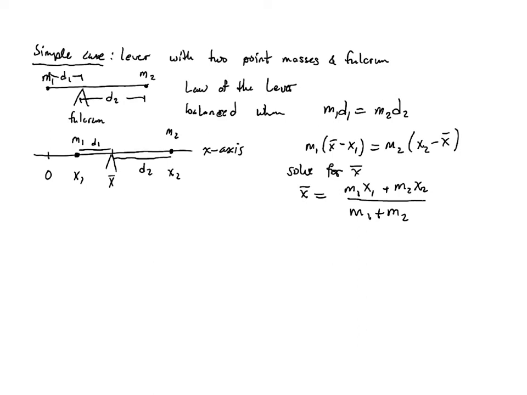And on the top of this, you should note a couple of things. First of all, the denominator expression is exactly the total mass of the system, assuming that the mass of the lever is negligible. Then the total mass of the system is just the sum of the 2 point masses. And the numerator is what we call the moment of the system about the origin.